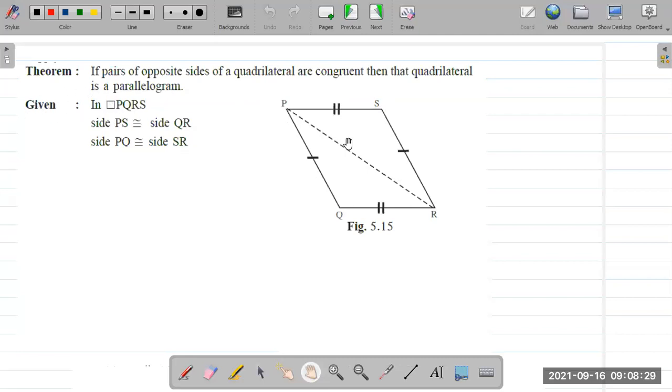We are given that this is a quadrilateral and the opposite sides are congruent, that is PS is congruent to QR and PQ is congruent to SR. And what are we asked to prove? We are asked to prove that this quadrilateral PQRS is a parallelogram. Now how can we prove that?